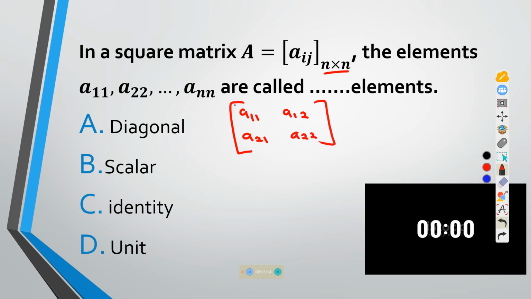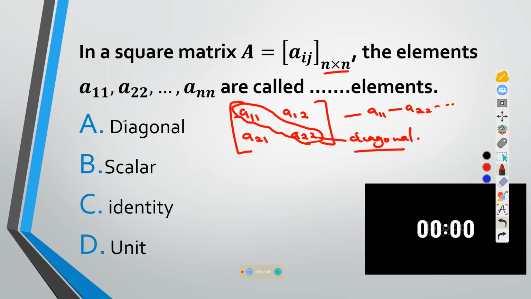This is an n by n matrix, but let us deal with a 2 by 2 matrix. These elements here, A11 and A22, form what we call a diagonal. This is the main or leading diagonal, and these are the diagonal elements.